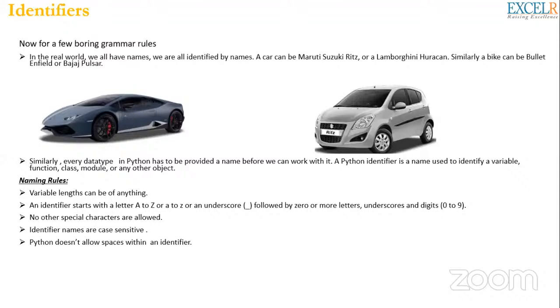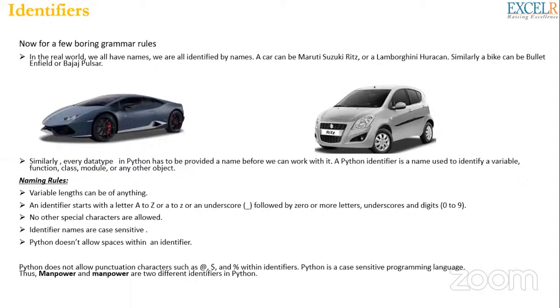You can't put in special characters like at the rate of, dollar, etc. You will get an error. Identifier names are case sensitive. We have seen that also. And we also saw that Python doesn't allow spaces within an identifier, right? So these were the do's and don'ts.